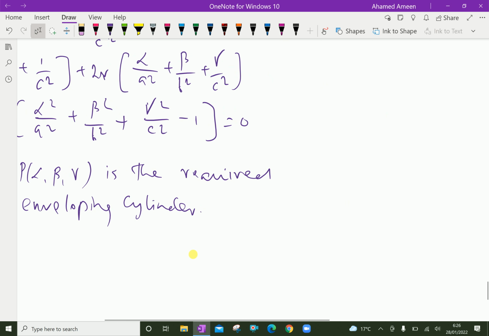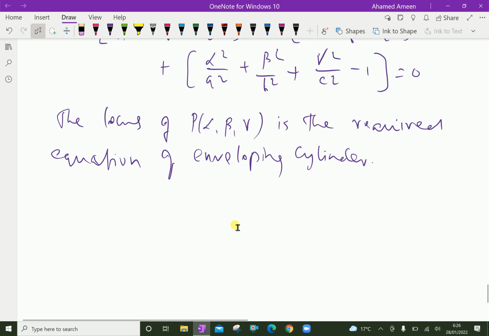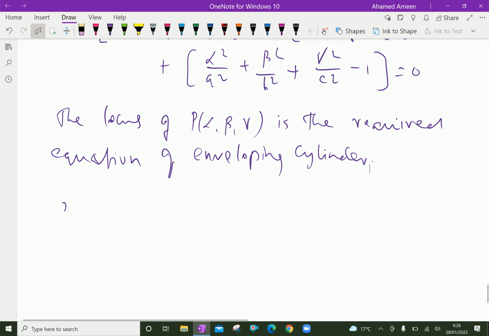That means we are substituting alpha, beta, gamma as x, y, z. Then the equation becomes (x over a squared plus y over b squared plus z over c squared) whole squared.